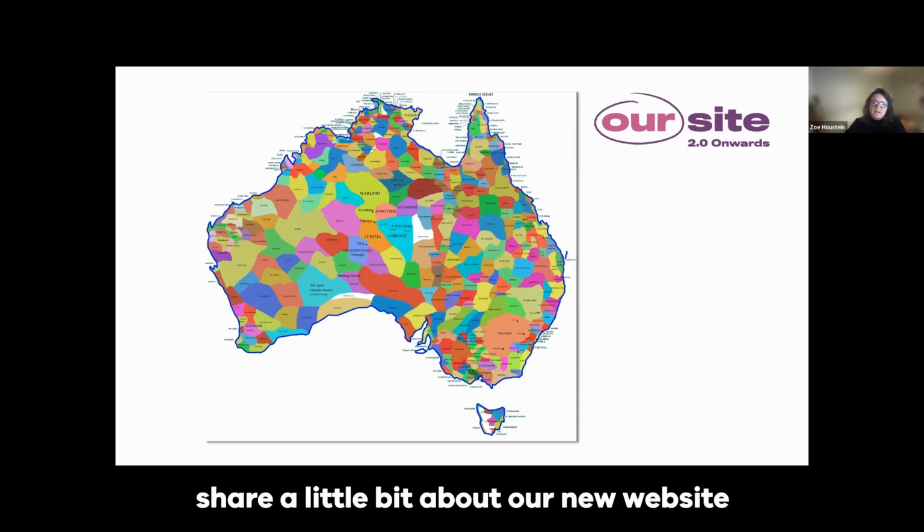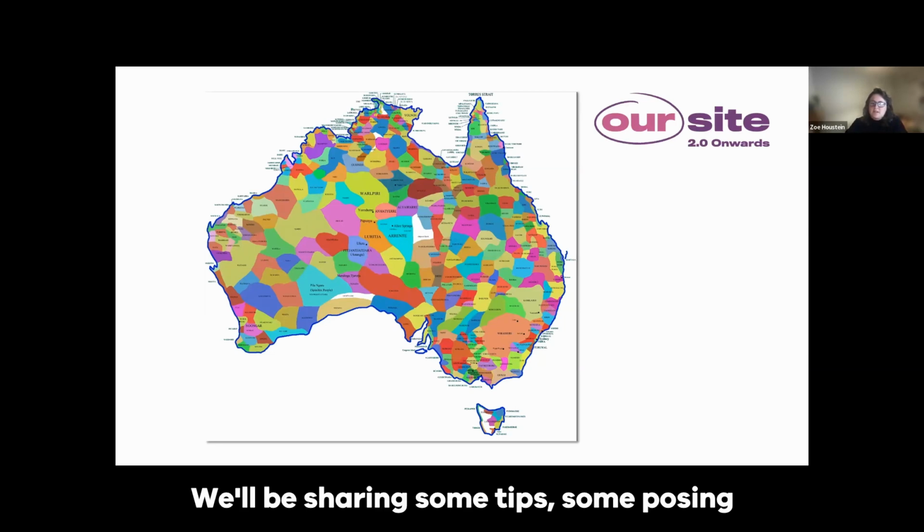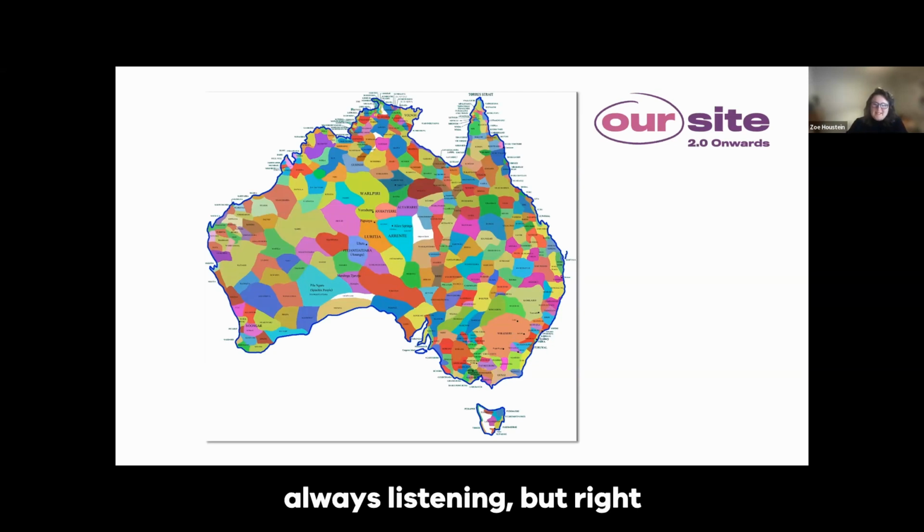We will also share a little bit about our new website being launched in May this year. We'll be sharing some tips and posing questions you might ask yourself and or your organisation when thinking about accessible resource creation. We're always listening, but right now we'd like to present to you.